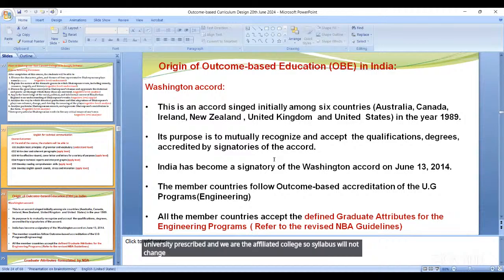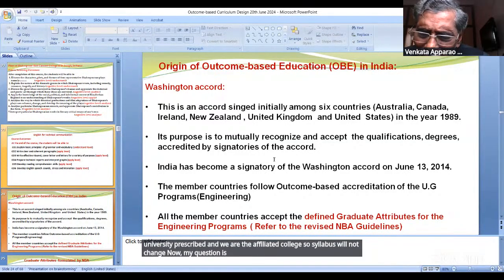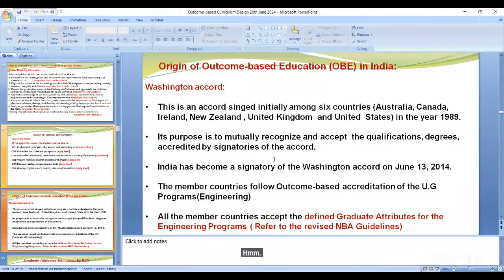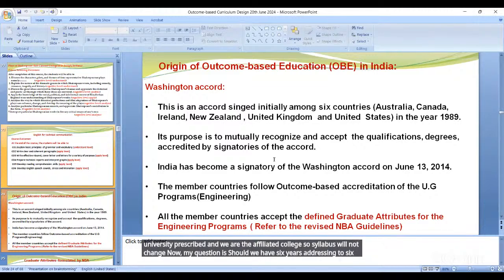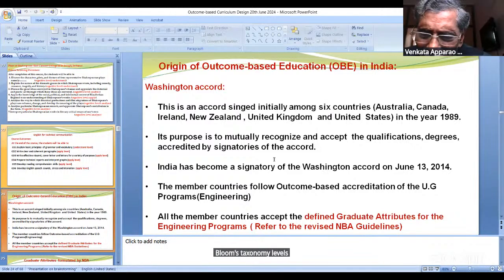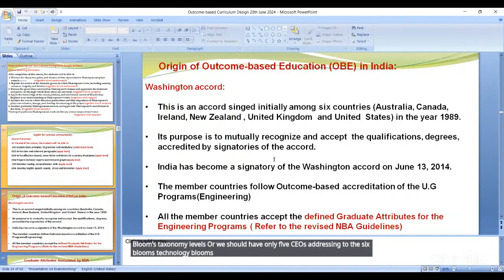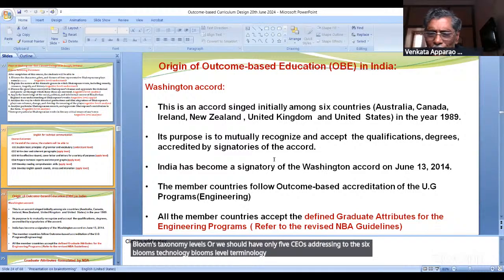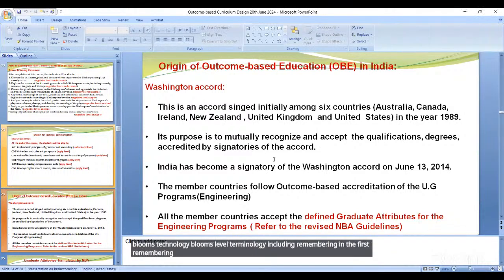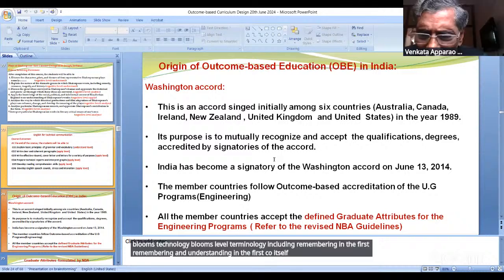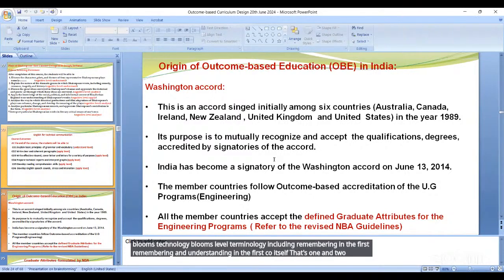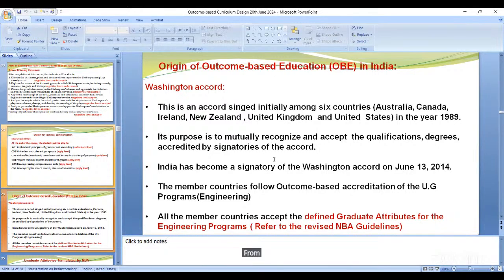Now my question is, should we have 6 COs addressing the 6 Bloom's taxonomy levels, or should we have only 5 COs addressing the 6 Bloom's levels, including remembering and understanding in the first CO itself? That's one. And two, should we change developing our COs from unit-based to content-based?